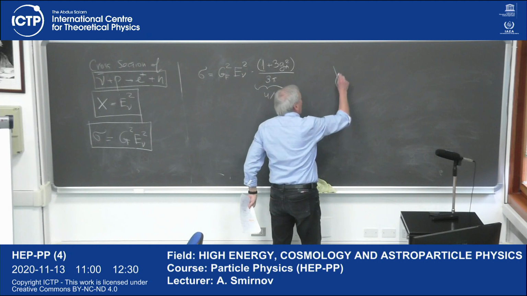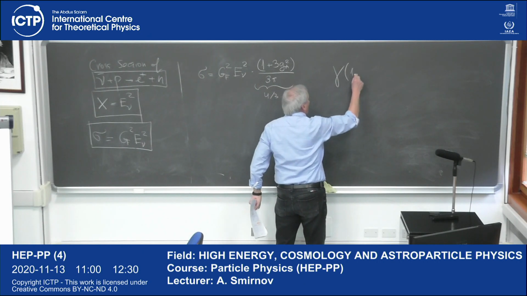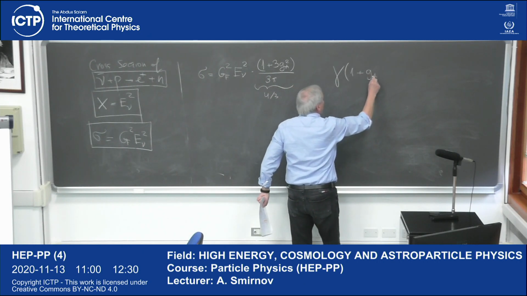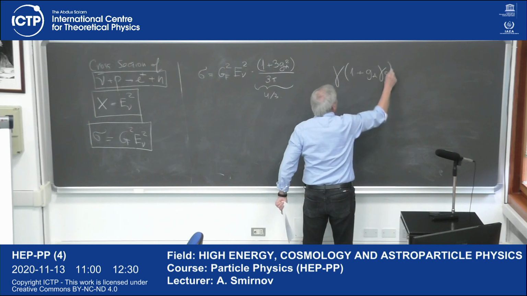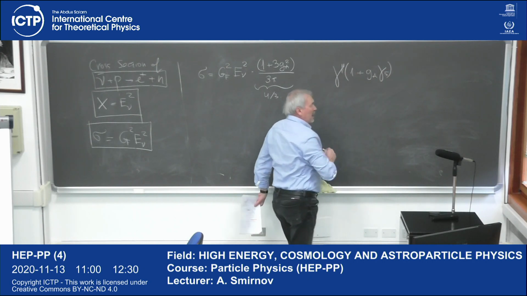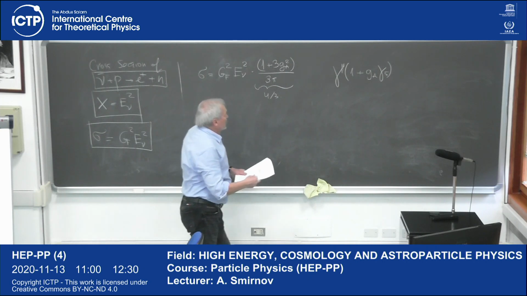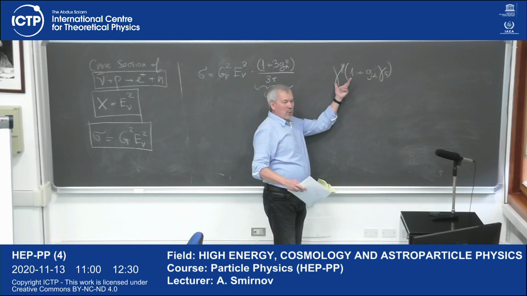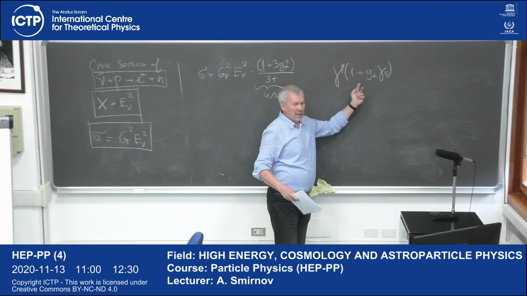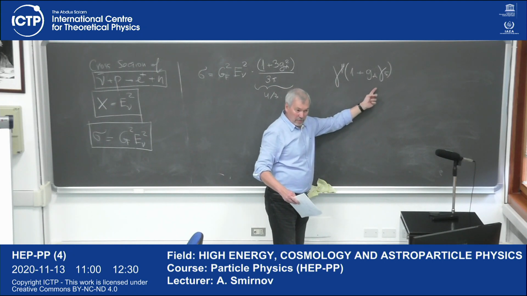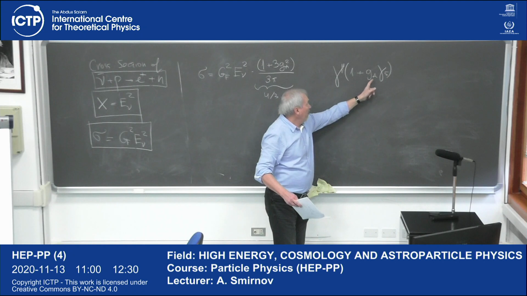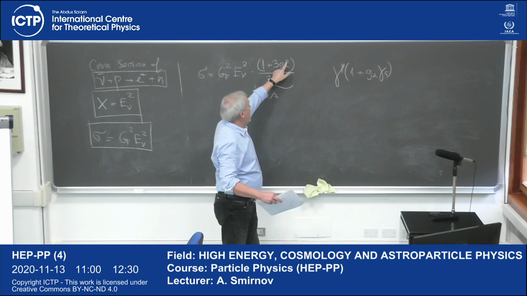As I told you, the correct expression is gamma 1 plus GA gamma 5 for the hadronic current, for the current neutron going to proton. So we essentially computed this one, but you have this additional contribution to the currents, and that gives you this GA squared in the cross-section.